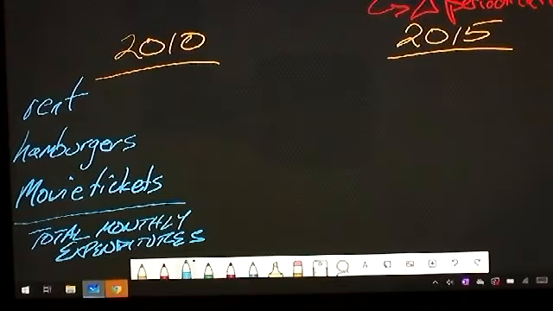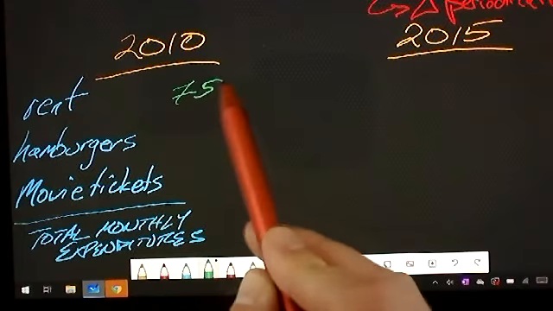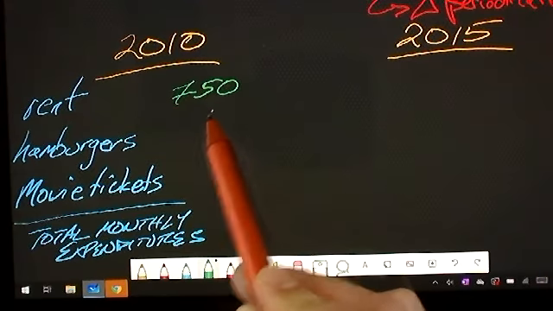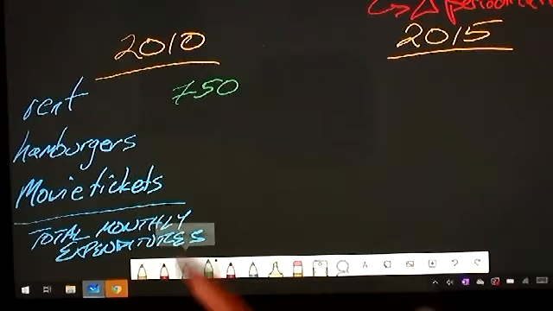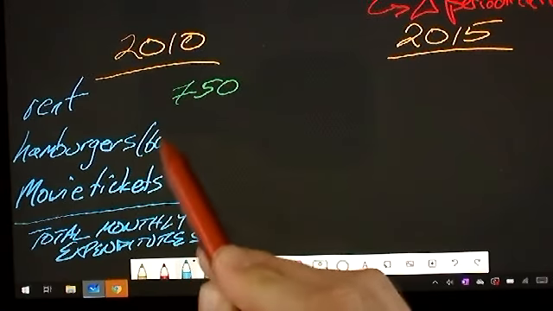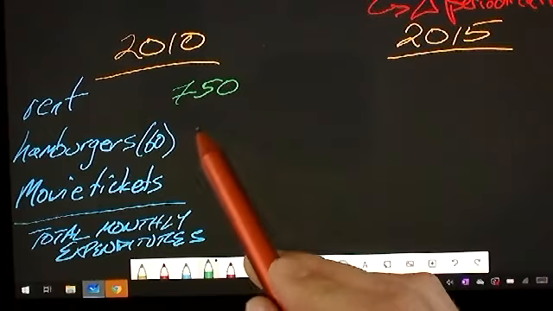So in 2010, we end up getting a rent of $750. The hamburgers, these are going to be 60 hamburgers. In 2010, those hamburgers are $2 each.